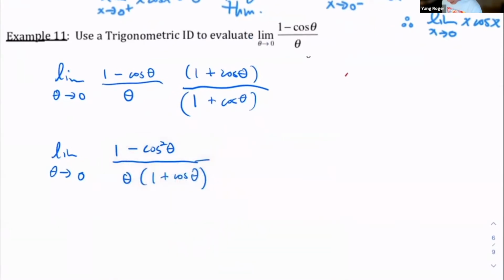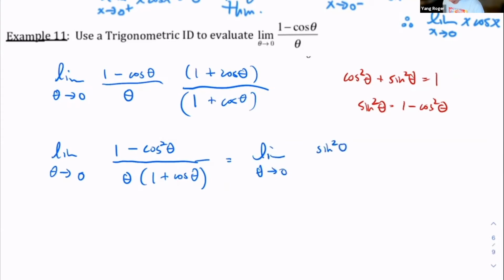This is cosine squared theta plus sine squared theta equals 1. That means that sine squared theta is equal to 1 minus cosine squared theta. So this is going to become the limit as theta goes to 0 of sine squared theta over theta times 1 plus cosine of theta.